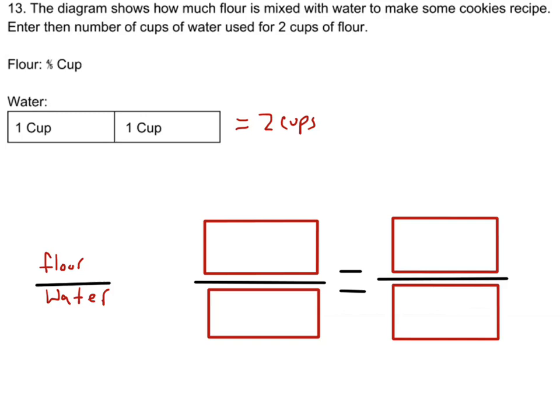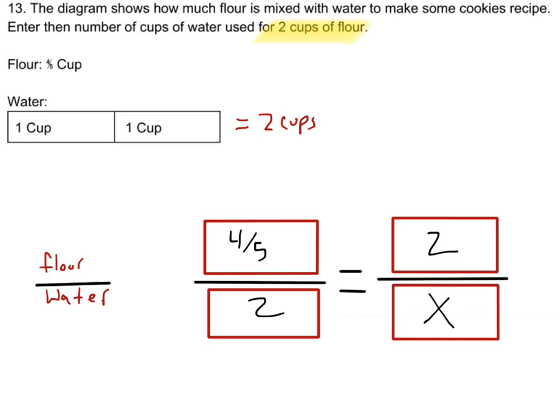So flour is 4/5. Water is 2. Now, 2 cups of flour. Flour goes on top, so we're looking for 2 here, and we're trying to enter the cups of water used, so that's my x. So you'd cross multiply. So cross multiply, and then that's it.